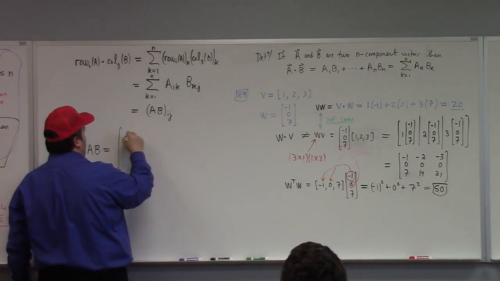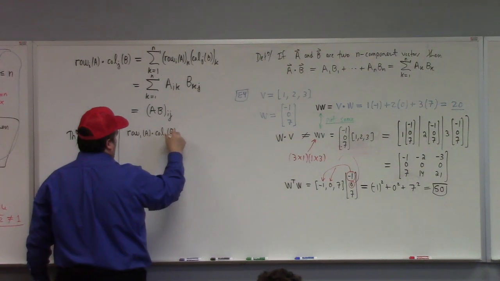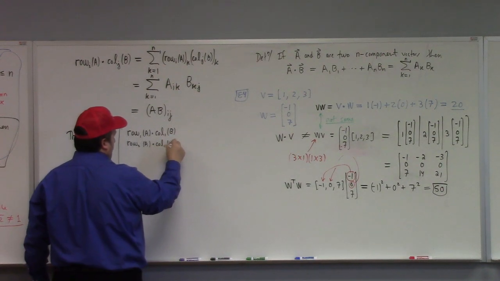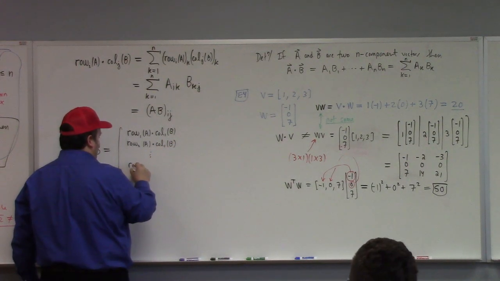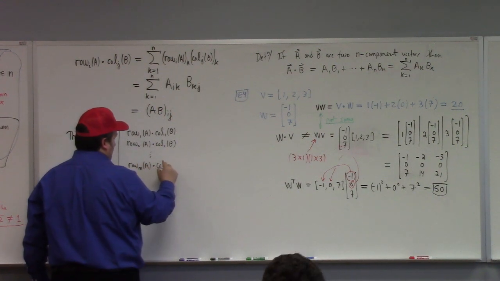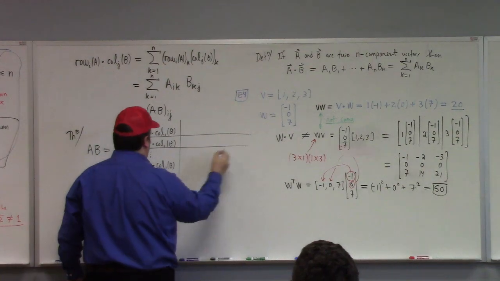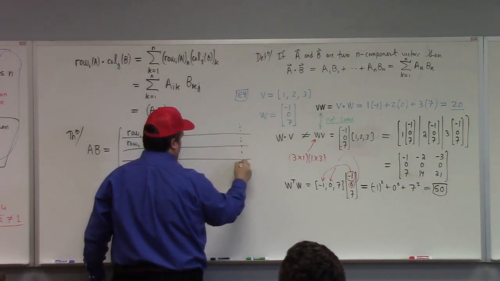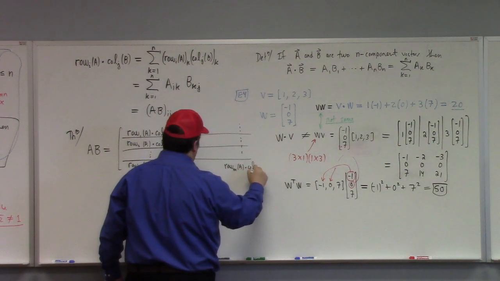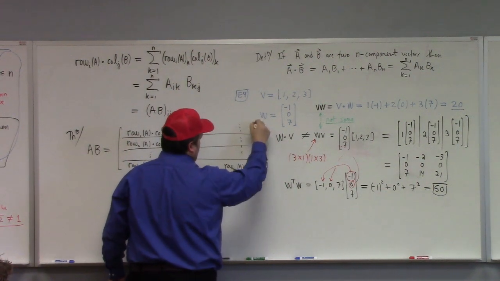To find the 1,1 component, we take row 1 of A dot column 1 of B, and then you get row 2 of A dot column 1 of B, and so forth. Row m of A dot column 1 of B, and so forth. Eventually down here you've got row m of A dot column, not column n, column what of B, according to our current setup.